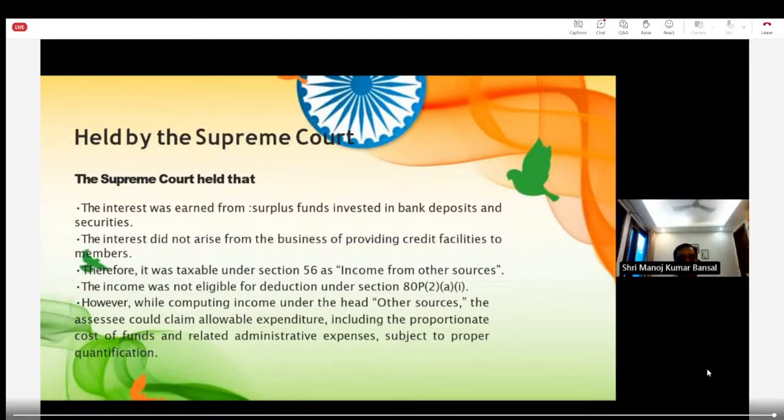However, while computing income under the head other sources, the assessee could claim allowable expenditure, including proportionate cost of funds and related administrative expenses, subject to proper quantification. So, deductions are permissible even if income is added, and if borrowing has been done and it has been deployed, then that cost is allowable.